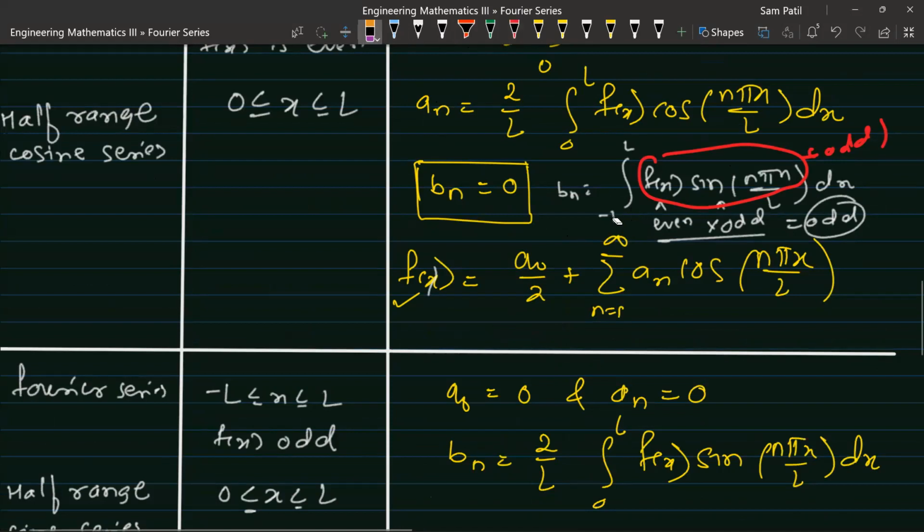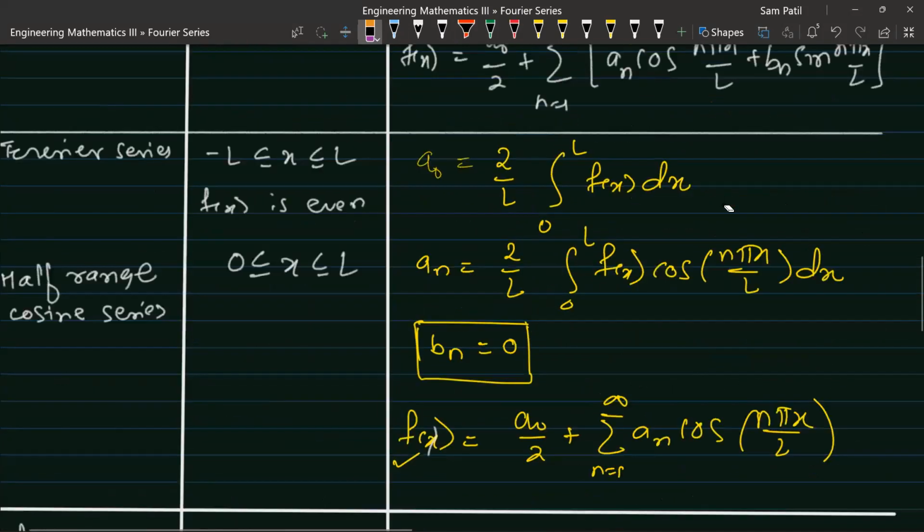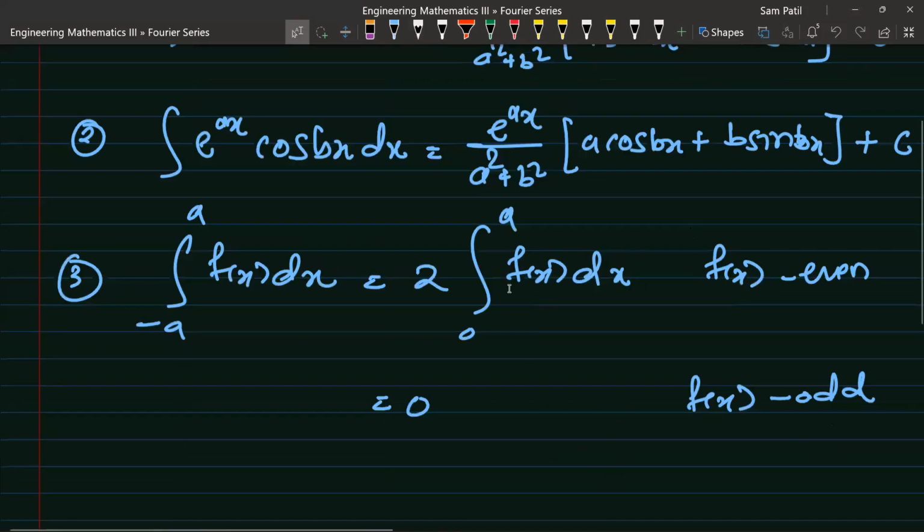And what about a naught and an? As f of x is even in the interval minus L to L, it is 2 times the integration from 0 to L. So a naught is equal to 1 upon L integration from minus L to L of f of x dx.